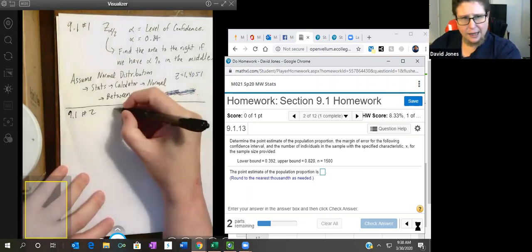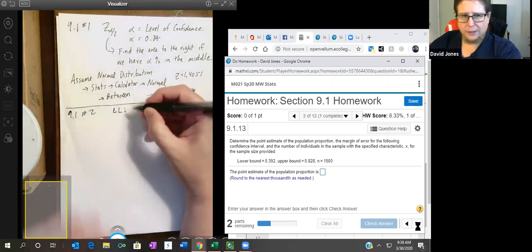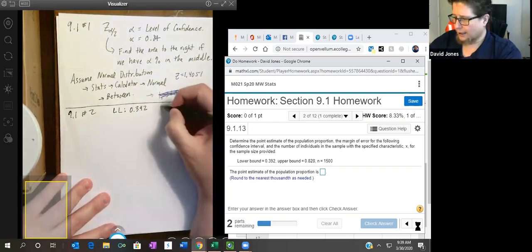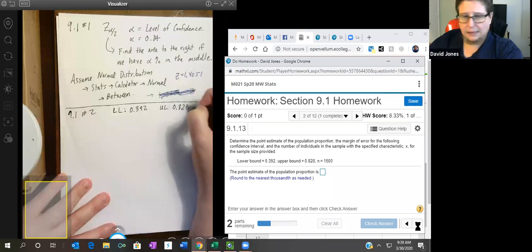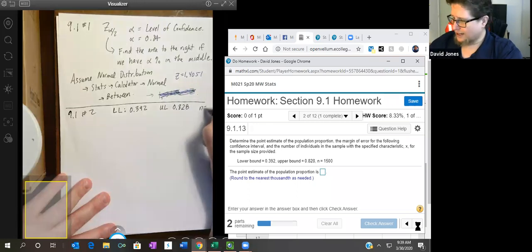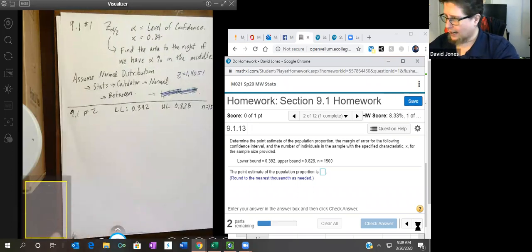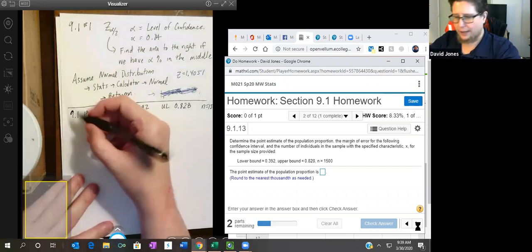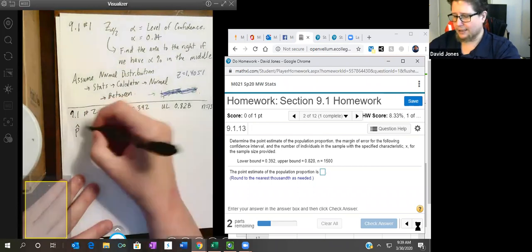They give me a lower limit or lower bound. Lower bound and lower limit are the same thing, 0.392, and an upper limit of 0.828. They tell me N is 1500. Okay, and first off, they want us to find the point estimate. The point estimate is P hat. That's our point estimate.